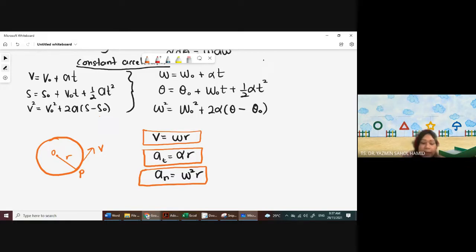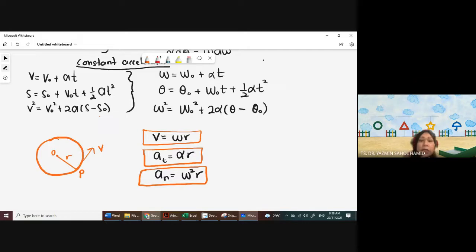Then we have derived some new formulas here, which is v equals omega r, and you also have acceleration for the normal and tangential. Other things that you must understand: velocity is always tangent to the path, the same as particles.